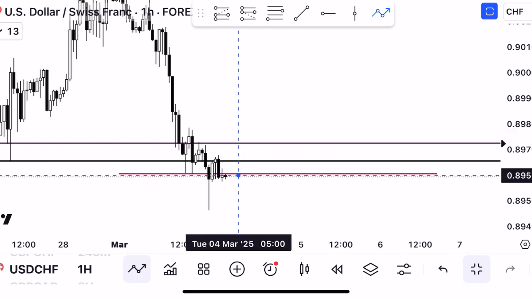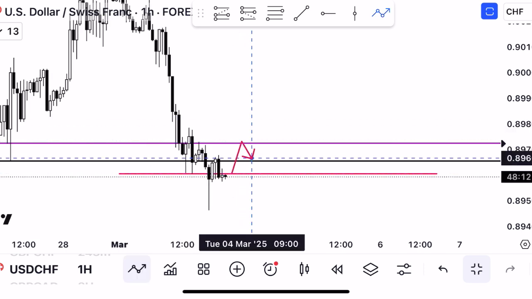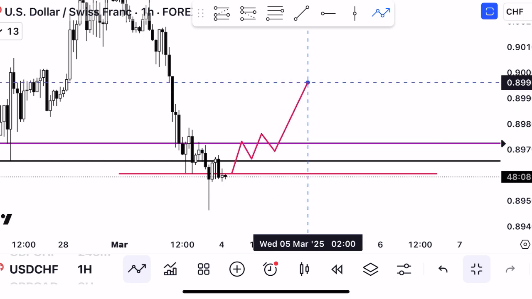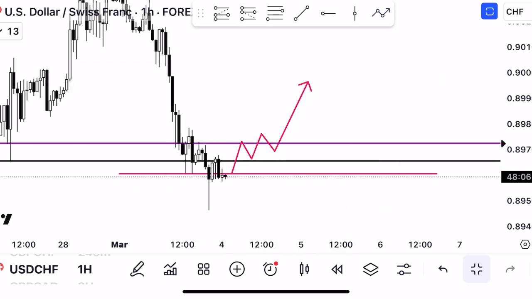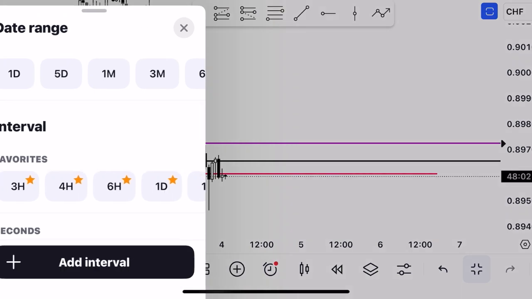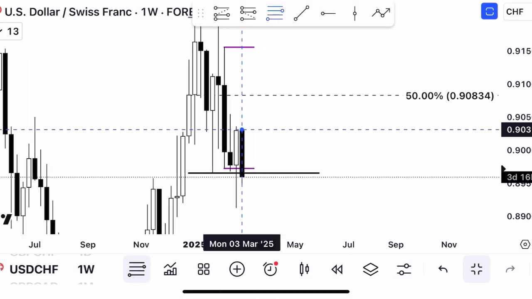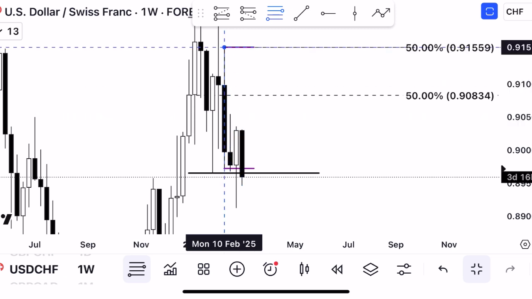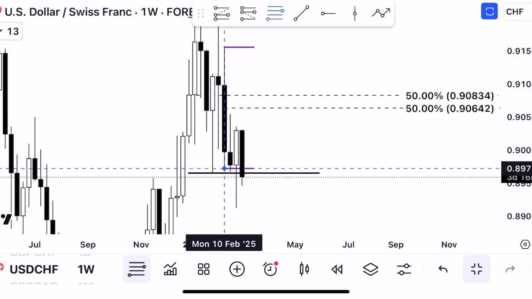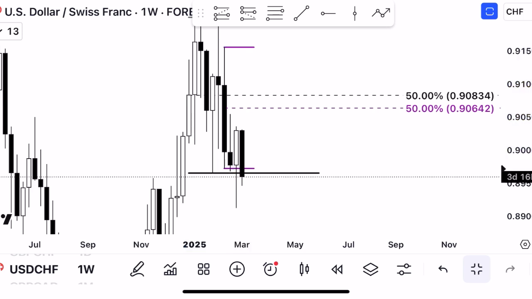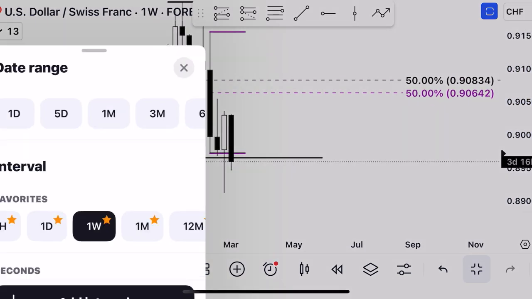Let's see if I get a market structure shift, something like this, to see that we have a confirmation to take the long. And on the weekly as well, we have the 50% of the range, which should be over here. It's almost aligning well with the monthly 50% range.